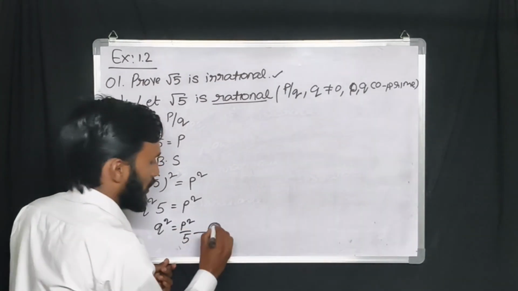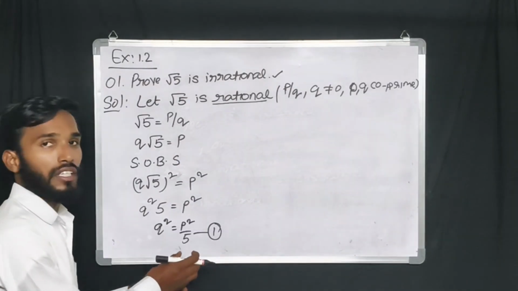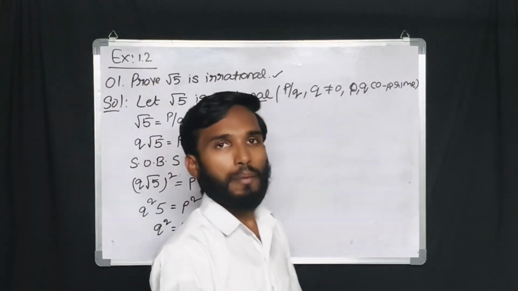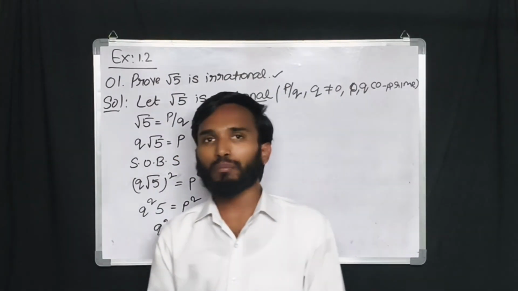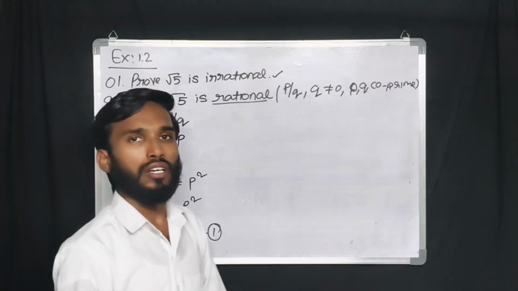If you observe, this is the first equation. Here we should remember theorem 1.2: if p is a prime number and it divides the square of a natural number, then it should divide that number also.